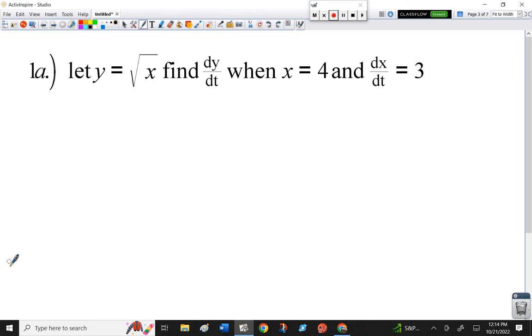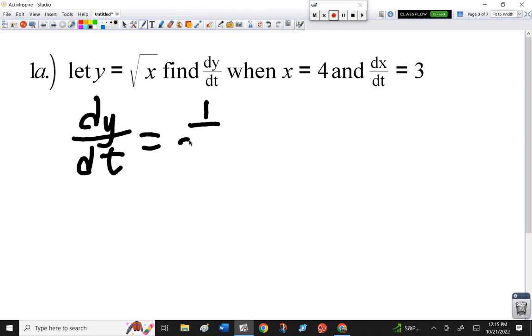Here's what I get. I get dy/dt, which is the derivative of y with respect to t, is going to equal, yeah, I remember the square root rule, 1 over 2 square root of x times dx/dt.